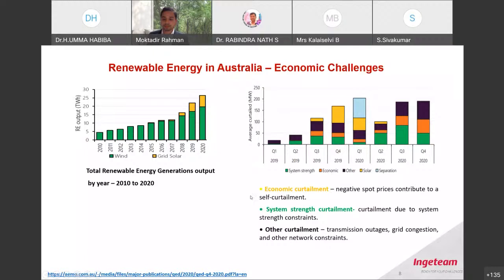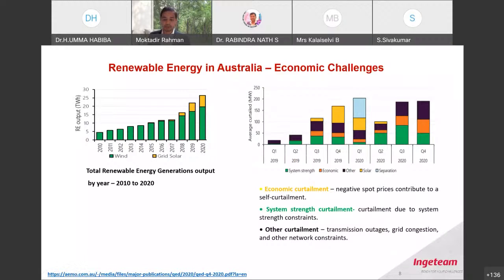So what is happening? Economic curtailment. In 2022, as you can see, the economic losses or the curtailment of the solar plant is at megawatt scale, up to 50 to 150 megawatts of solar power or renewable connection was curtailed because of the negative price during the day.